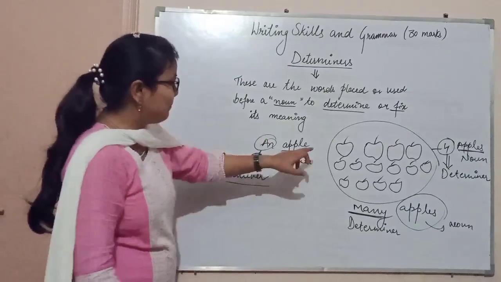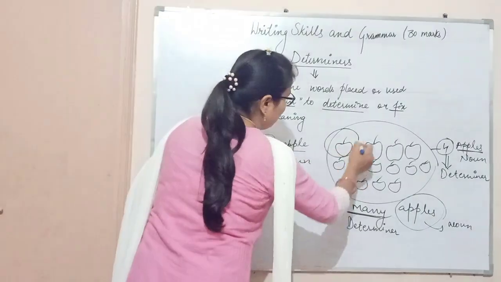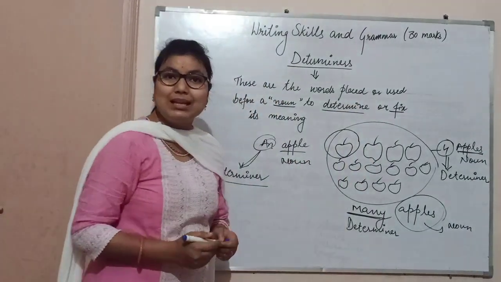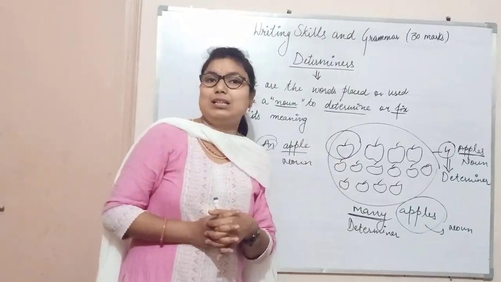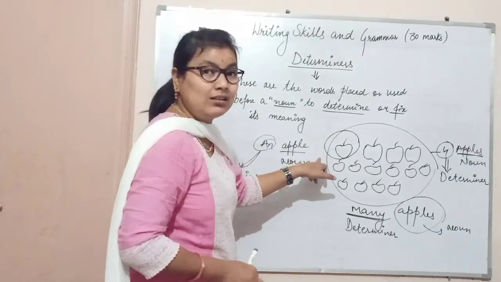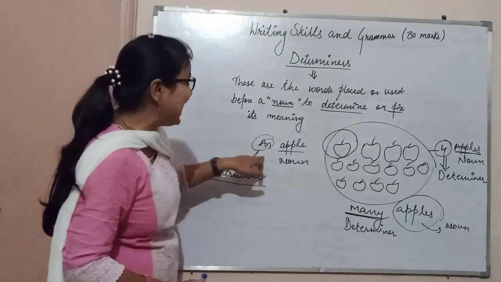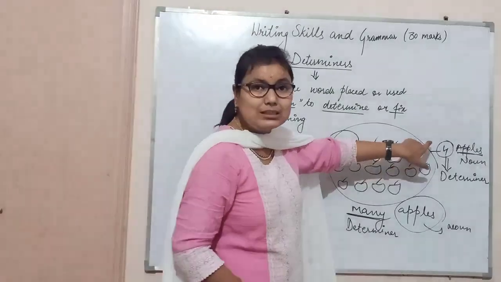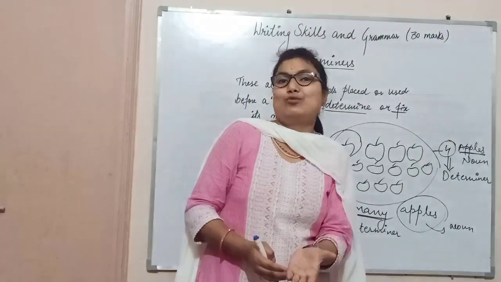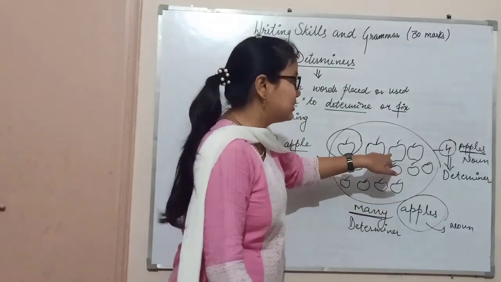For example, first I made one apple. Then if someone asks you how many apples, you say one, so this one, that is an, is a determiner. Then I drew four apples. If someone asks you how many apples, you will say four.